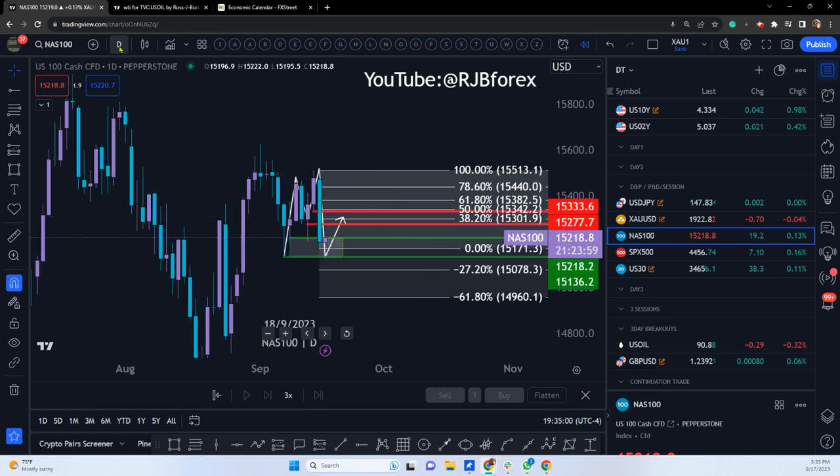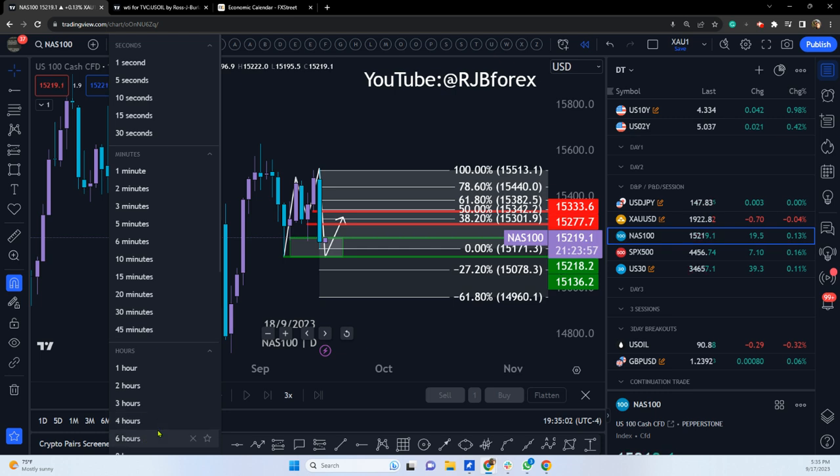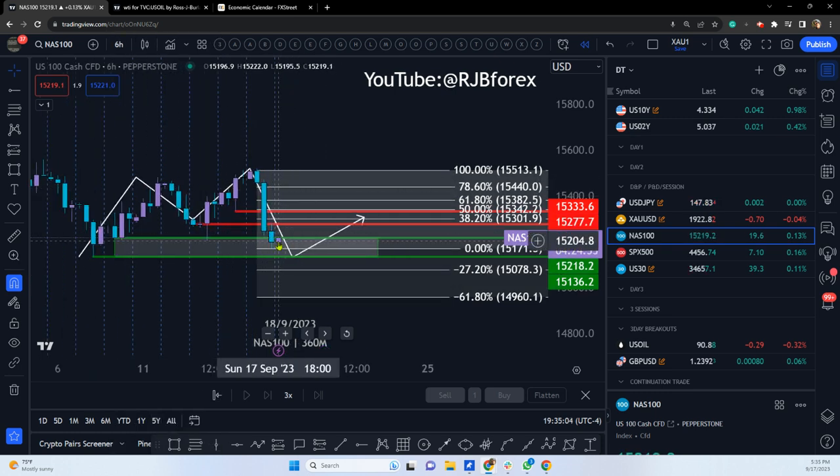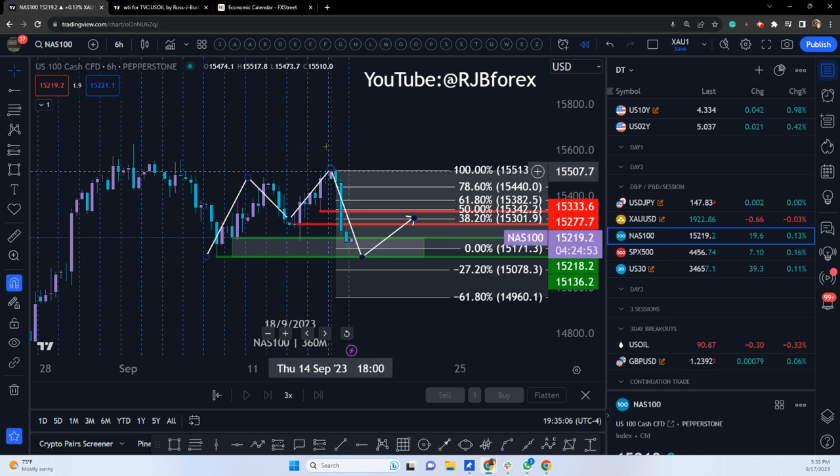So maybe we're coming up to short later in the week. Maybe looking to buy low on the day, dump and pump scenario.